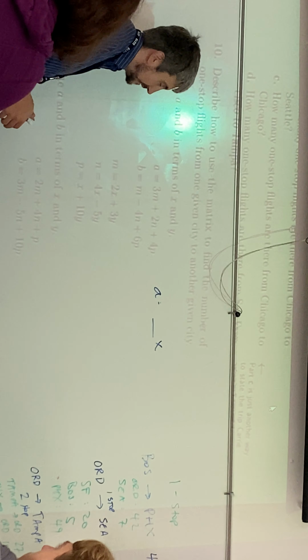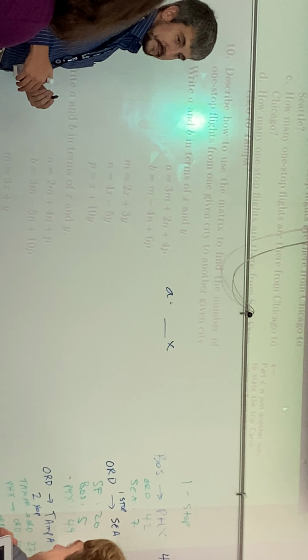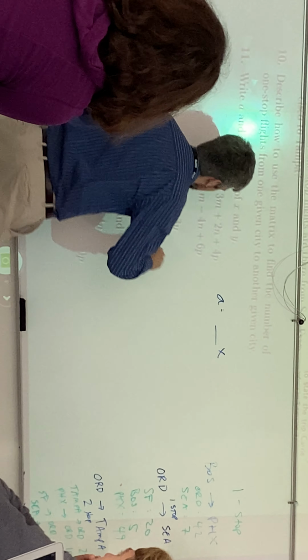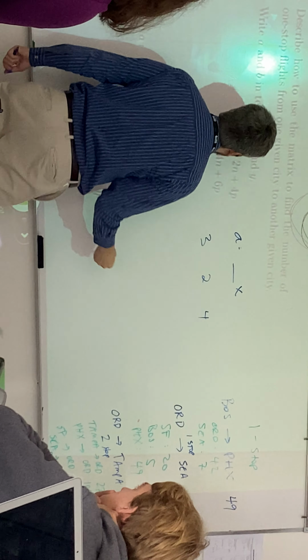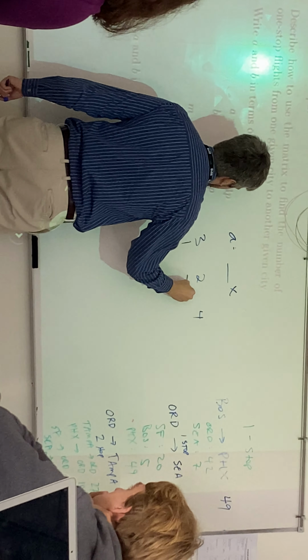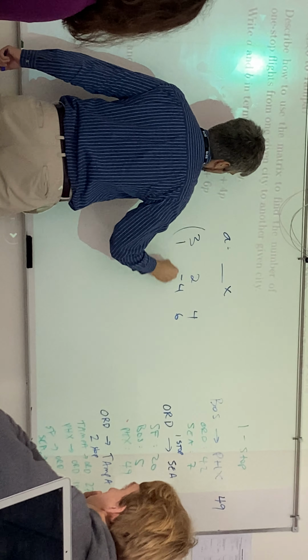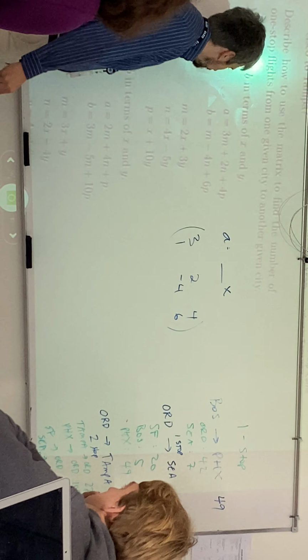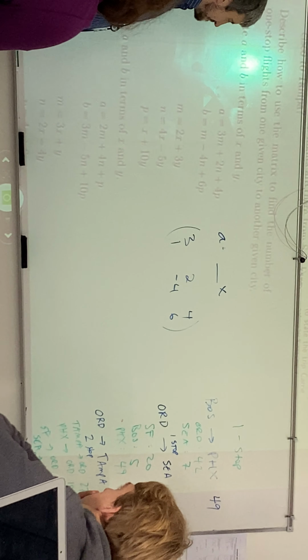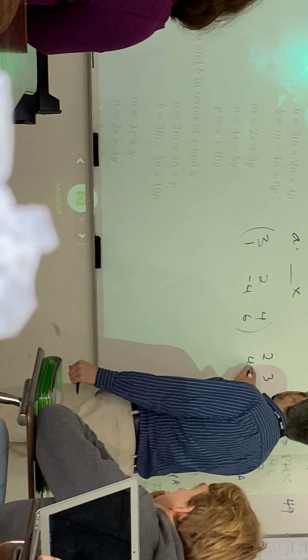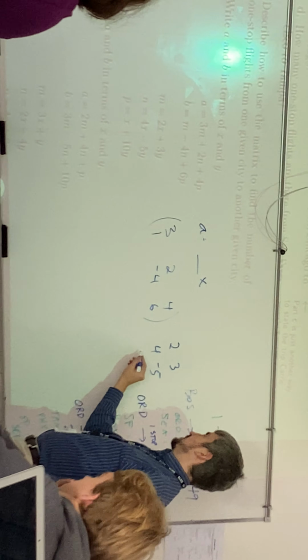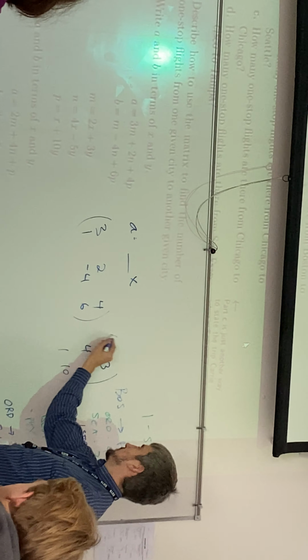And then what are we going to do with all those numbers? Add them together. So I could turn this into a matrix. I could say 3, 2, 4, 1, negative 4, 6. And I could multiply that by 2, 3, 4, 9, 5.